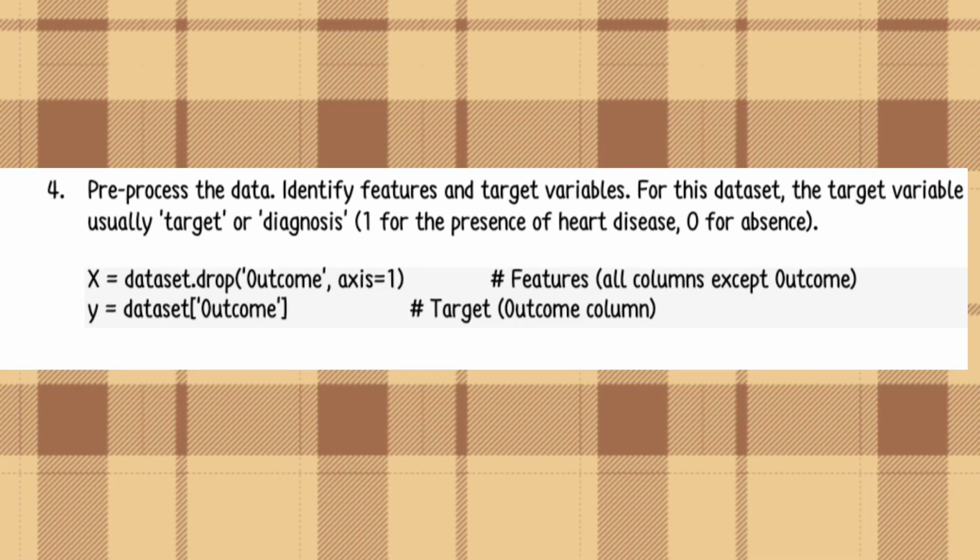This code snippet performs a crucial step in machine learning, separating the dataset into features, the input, and the target variable, the output. It assumes that the target variable is named Outcome and removes it from the main dataset to create X, the features, while isolating it into y, the target. This preparation is necessary before feeding the data into a machine learning model.